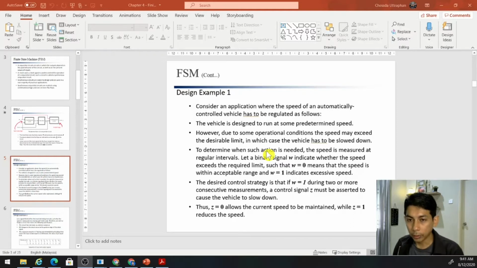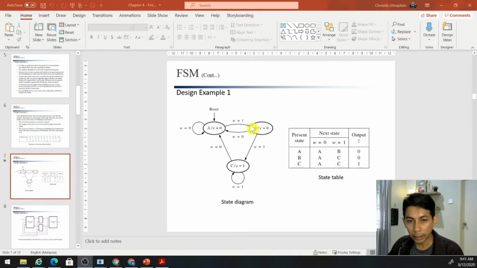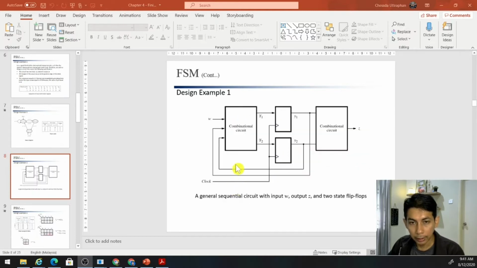All right. So we have looked at this already last week, and this is the state diagram of that controller, the finite state machine, and this is the block diagram.